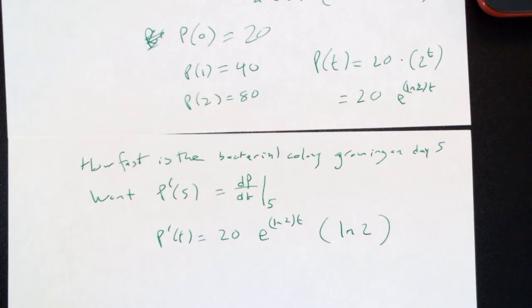ln2 is a number. If you really want, you can rip out your calculator, grab that, give me the decimal. ln of 2 is 0.693147. Use as many decimal places as you like. It doesn't matter. It's a number. I took its derivative. What do I do with that piece of information? Plug in 5.